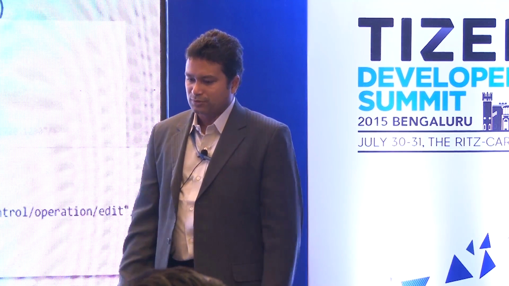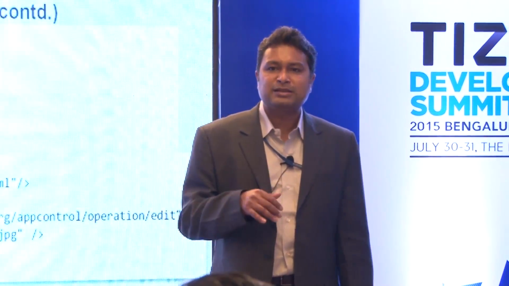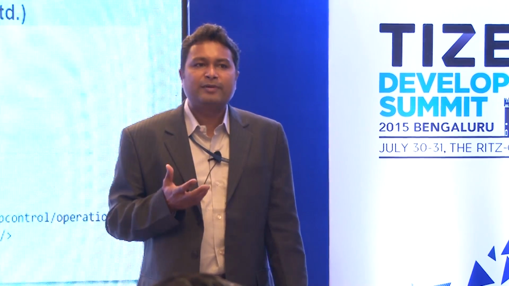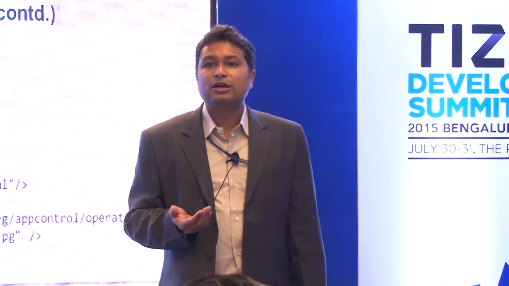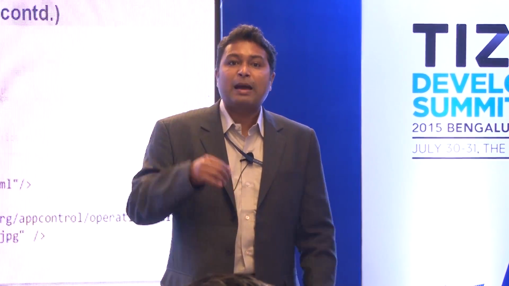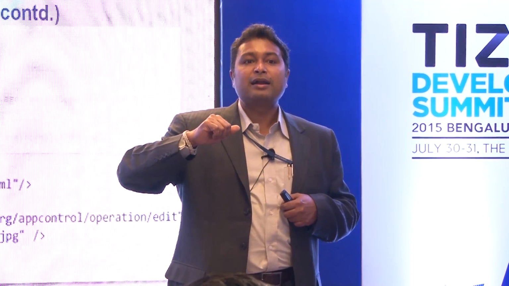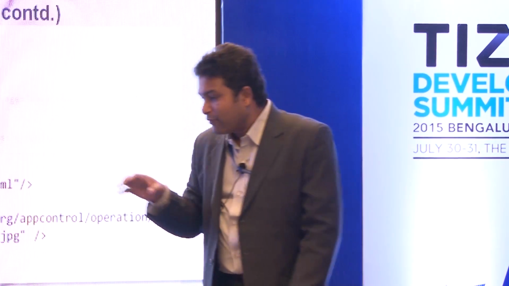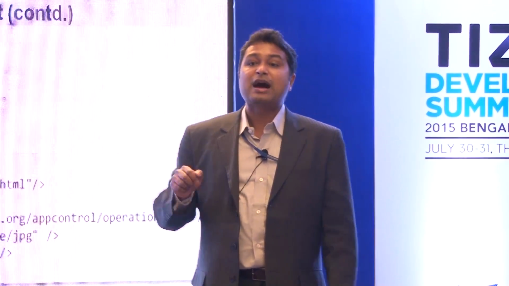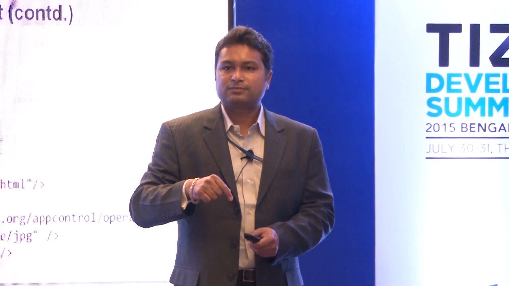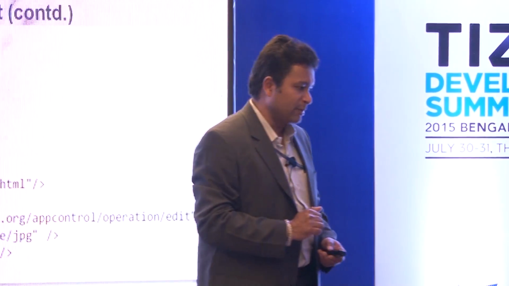Next comes one very important element, which is app control. This app control's purpose is, whenever you, being a web developer, may be interested to expose some of your application capability for other guys to use, meaning you want to expose some of your application functionality for other applications to use. I will give a simple example.